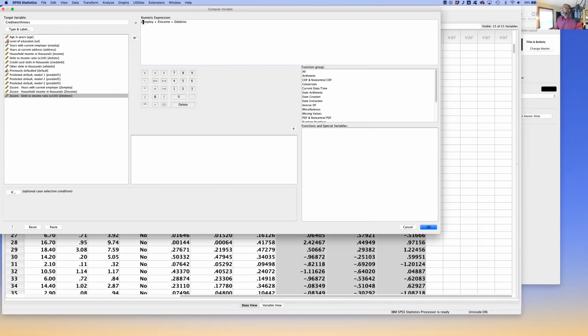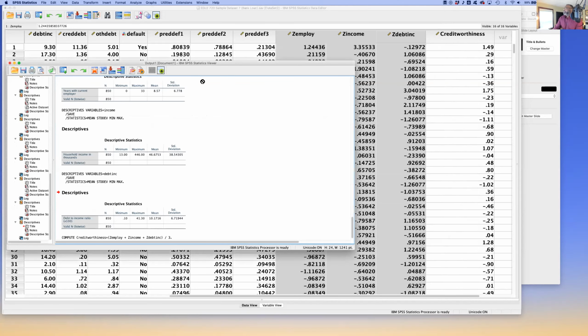What I've done here, hope I'm doing this right, is I'm taking each of these variables and adding them together, and I'm going to divide it by 3. Essentially I am getting the average or the mean and creating this new variable, okay?